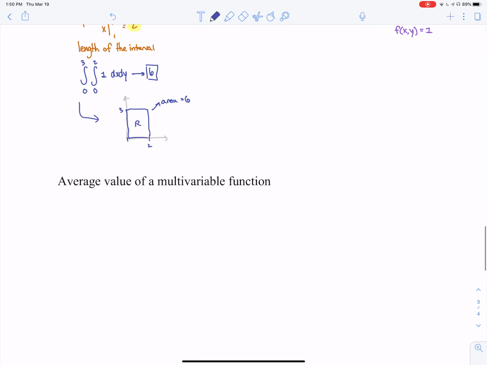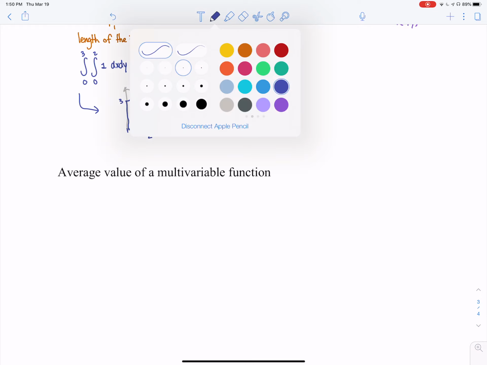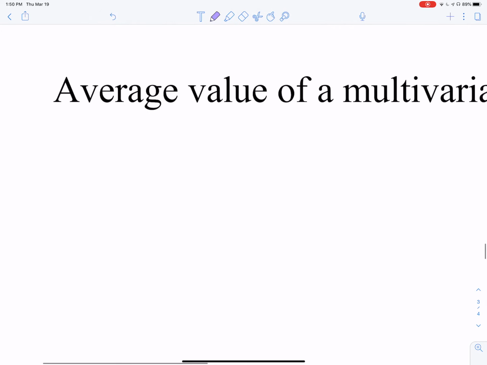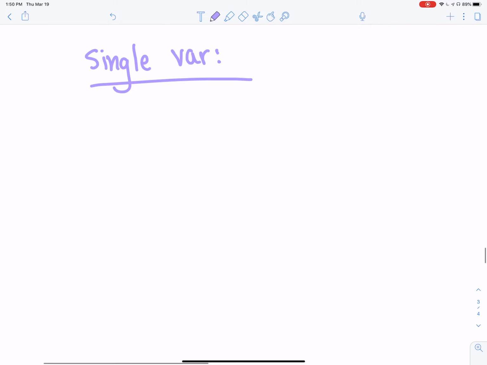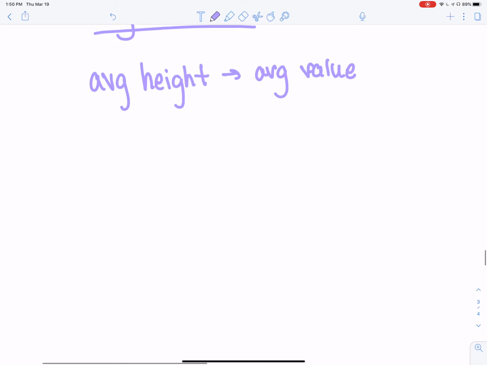And then the last idea I want to talk about is the average value of a multivariable function. So we can draw a comparison again to our single variable examples. So remember, in single variable calculus, if you wanted to find the average height of a function, that's the same as finding the average value of a function.